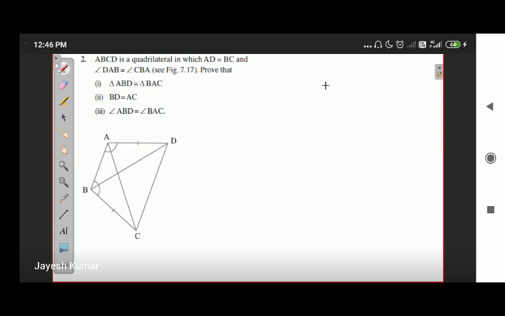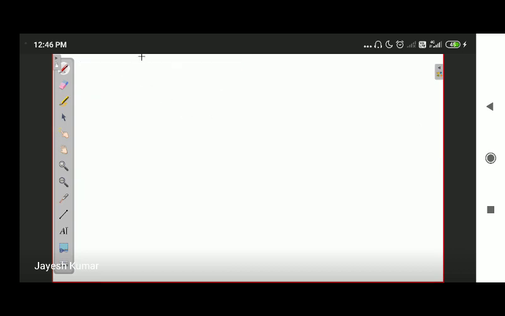Before starting question number 2, some of the students have been asking me again and again regarding the half-yearly syllabus. So students, let me just go through the syllabus first of all. For your half-yearly syllabus, first of all, it is chapter 1, that is number system.